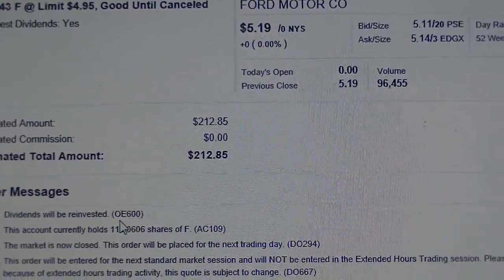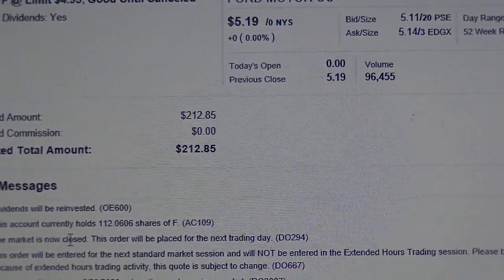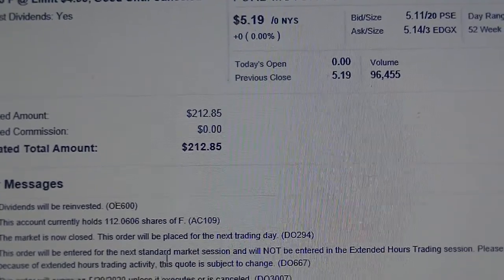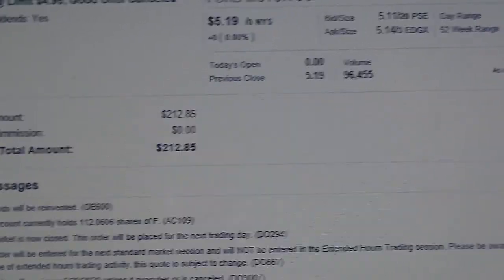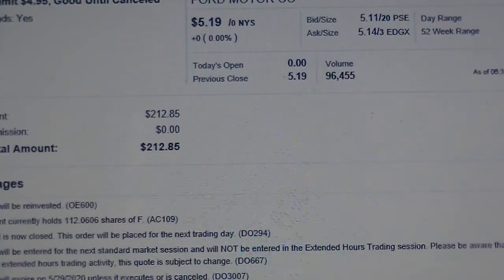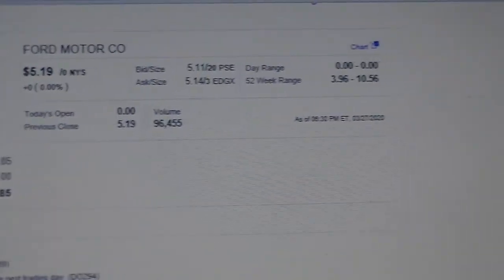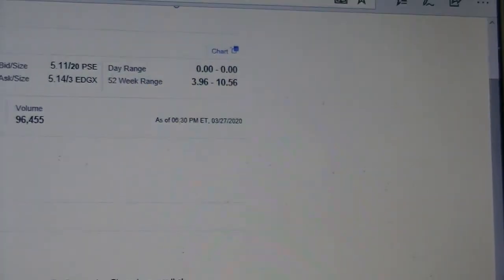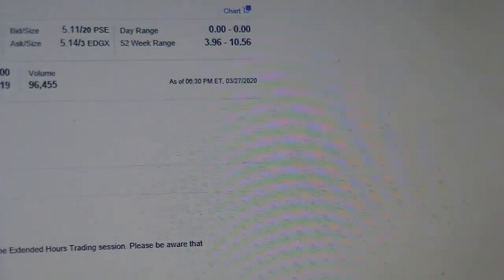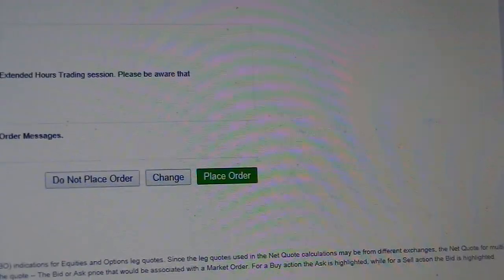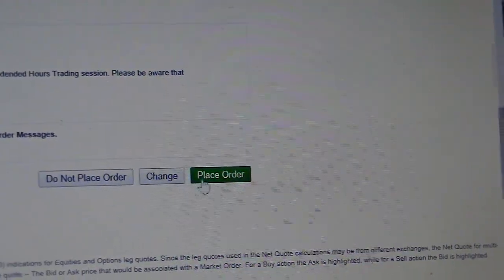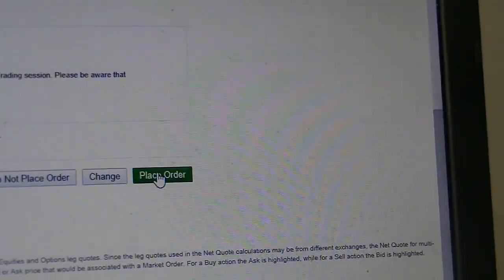So the dividend will be reinvested. They're telling me how much this account currently holds and all that. And I'm just going to click on place order at the bottom. So place order, change order, I'm going to click on place order.